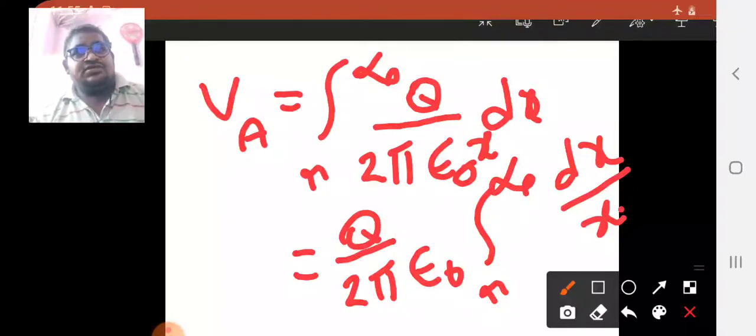Next, suppose the potential at a conductor in a group of charged conductors.